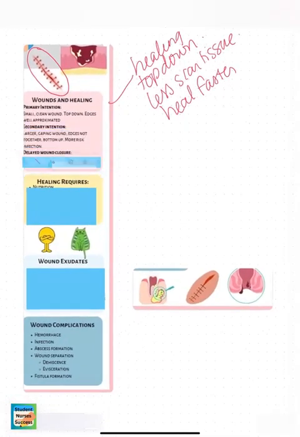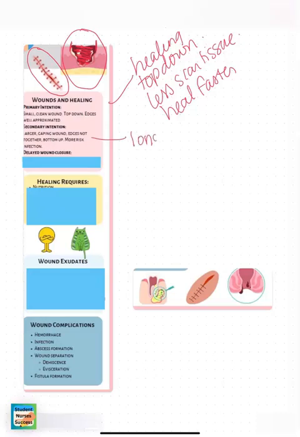Secondary intention actually is a slower process. It's usually larger wounds where it's gaping, the edges cannot come together, and it has to heal from the bottom up. So it has to fill in that tissue. And so we've got this picture right here. You can see these edges are not well approximated at all. And so what has to happen with this wound is it actually has to fill in and heal from the bottom up, and it takes a lot longer.